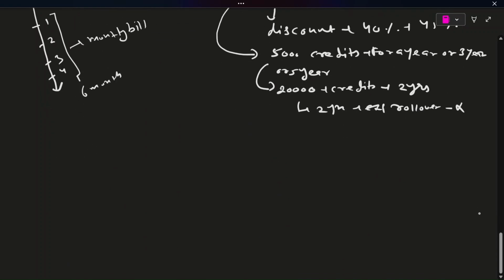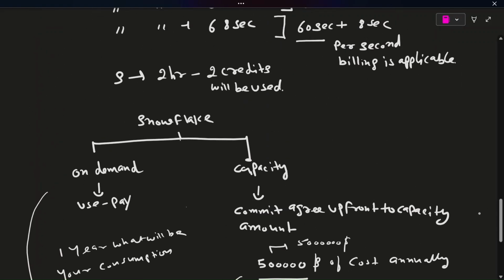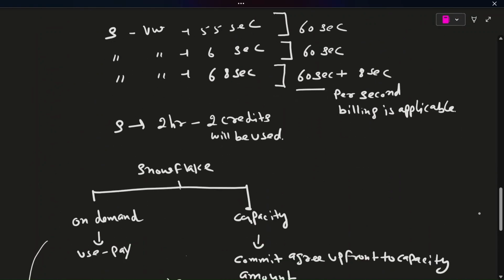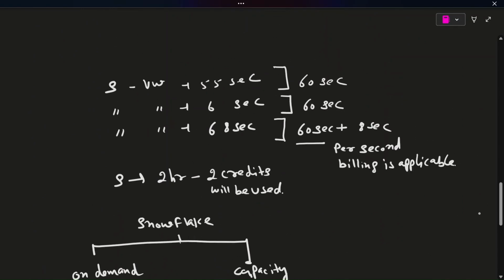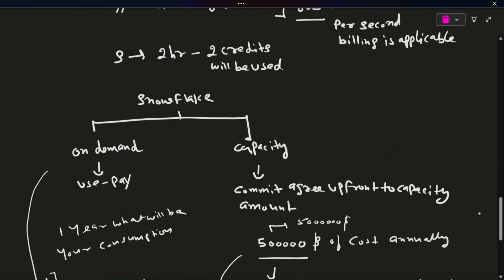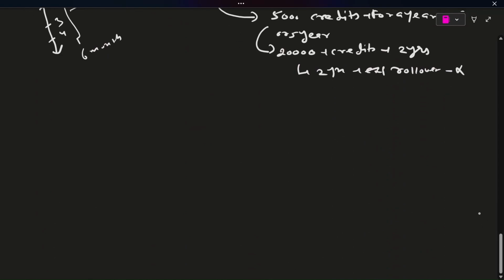Now, see, what we were discussing about the virtual warehouses, right? It's a credit-based model, and the minimum is 60 seconds. Now let's say in the on demand offering, in a month I consume, let's say, 100 credits.